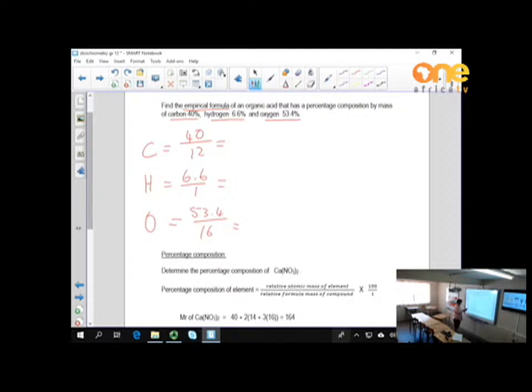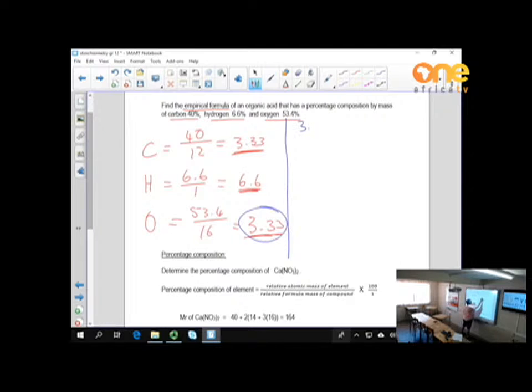40 divided by 12 equals 3.33. 6.6 divided by 1 is going to be 6.6. And 53.4 divided by 16 also gives me 3.33. Now, we don't have a whole number. What do we do to get a whole number? We divide all of them by the smallest. What's the smallest value? 3.33.